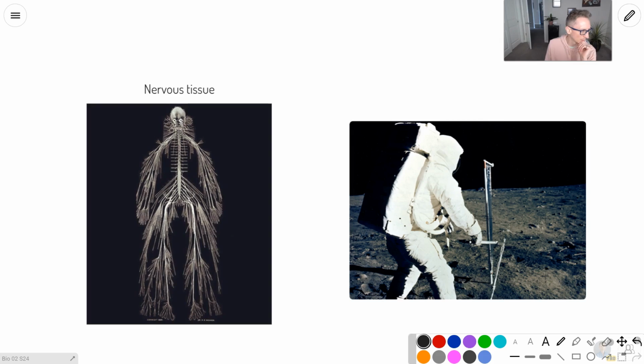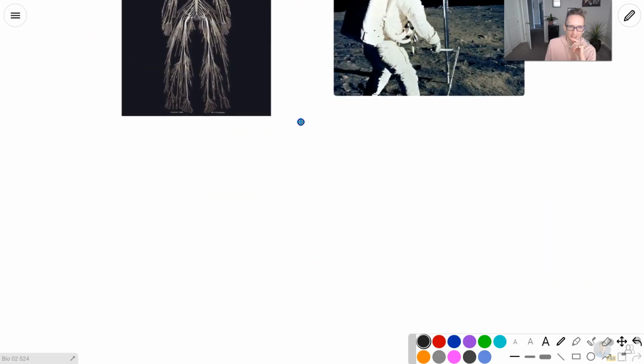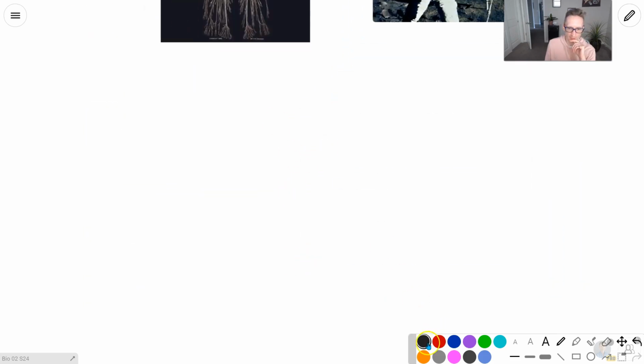And I'm going to pull up some pictures here as examples. And we'll go through those. That's actually one of them. The nervous system's one of them. So I guess, well, let's not start with that one. Let's start with this one, which is probably my favorite. Epithelial tissues.